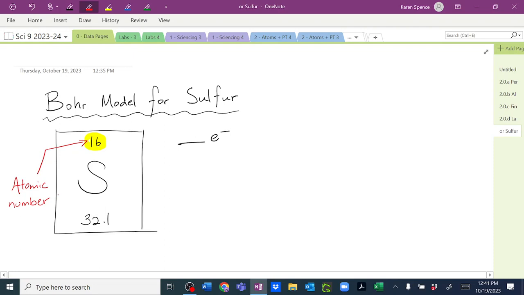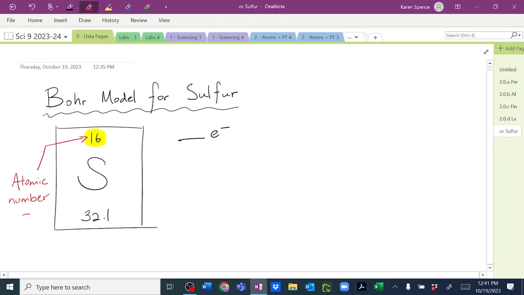And the atomic number is equal to what? Technically, it is the number of protons. So we have 16 protons, so we have 16 positive charges.